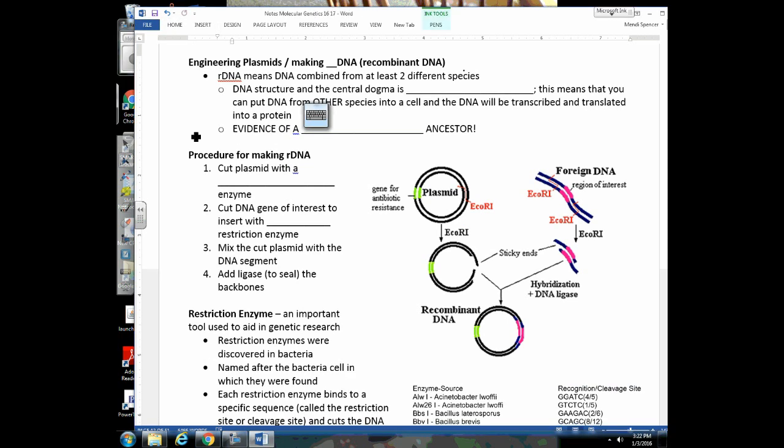Now, because the structure of DNA is the same for all organisms on Earth, and the flow of information from DNA to RNA to protein synthesis, which is the central dogma, is the same for all organisms, then that is evidence of a common ancestor.